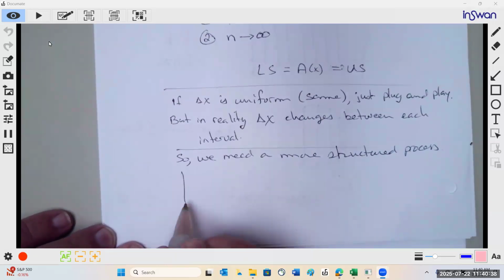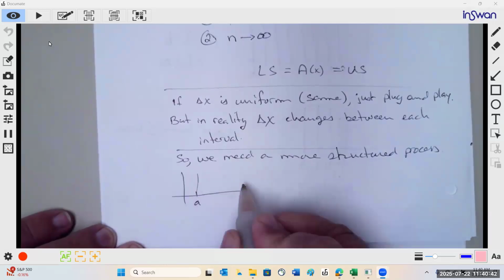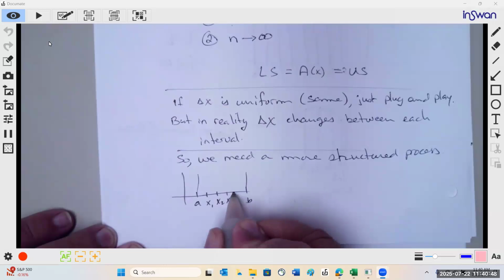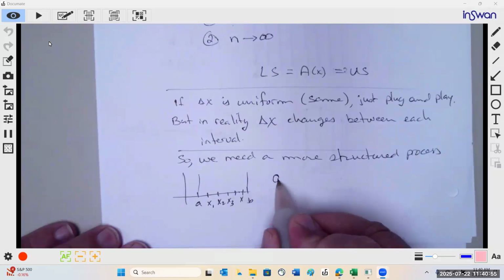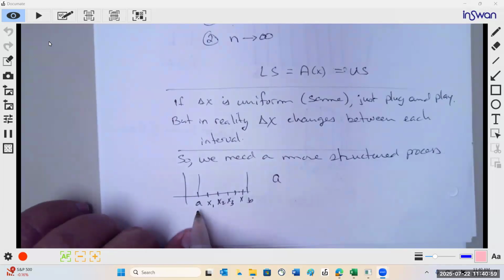Remember, in our intervals, we start with A and go to B, with the interior points that we're looking at. So we have A, that's the first one.